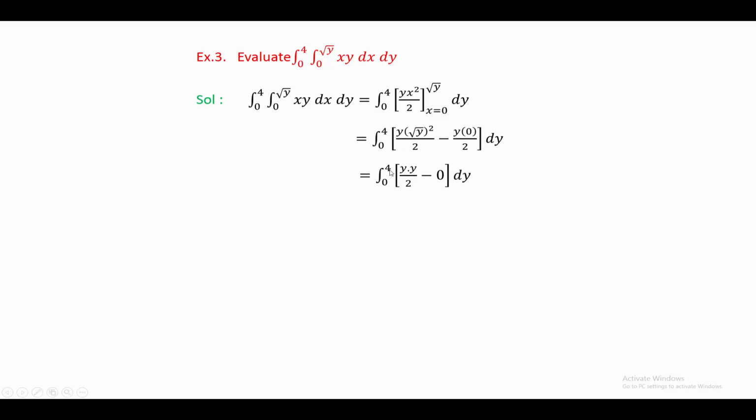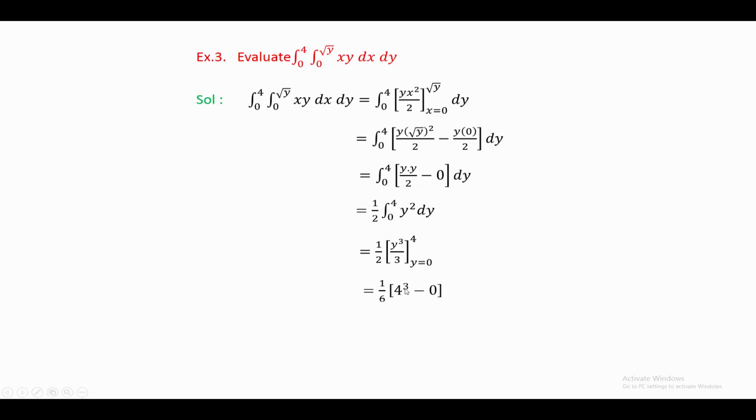So it equals the integration from 0 to 4 of y into y upon 2 minus 0, dy. 1 half is constant and this is y square, so 1 half out of the integration from 0 to 4 of y square dy. The integration of y square is y cube by 3. So 1 half into y cube by 3, y varies from 0 to 4, equals 1 by 6. This is 3 twos are 6.